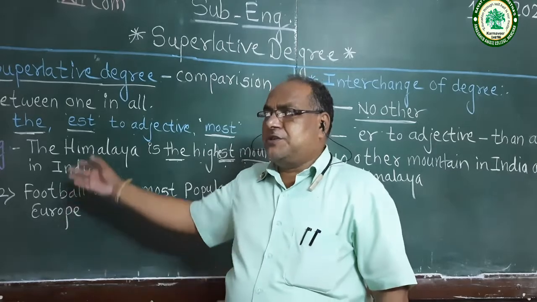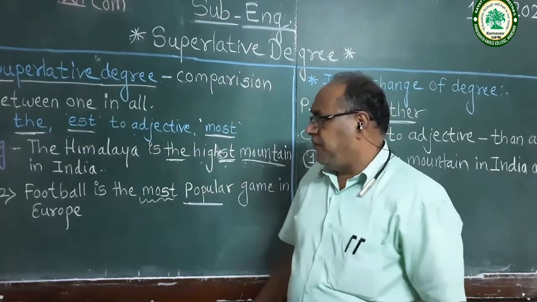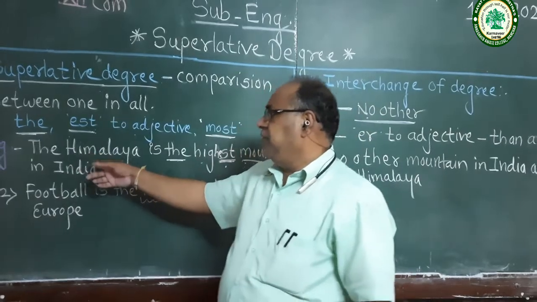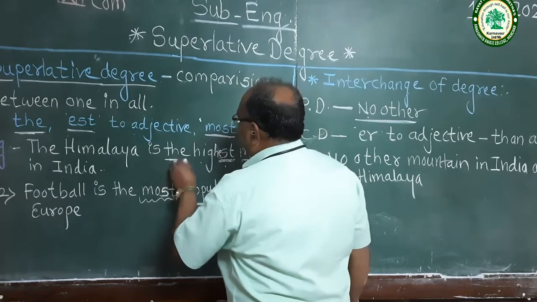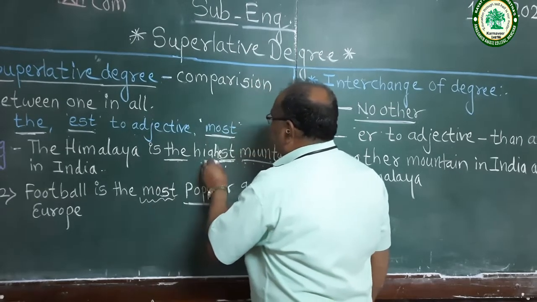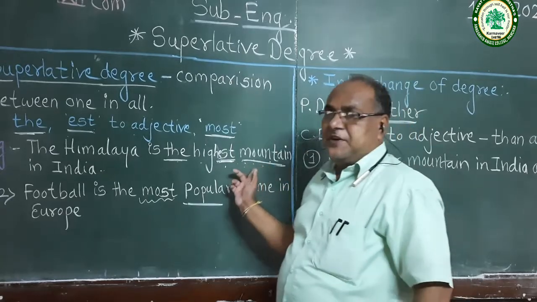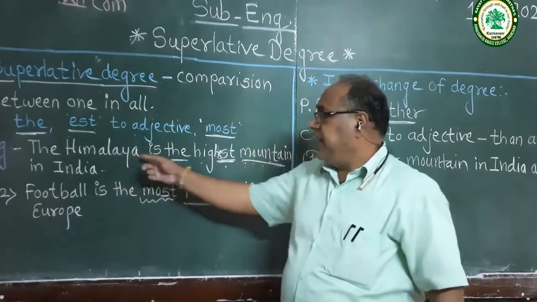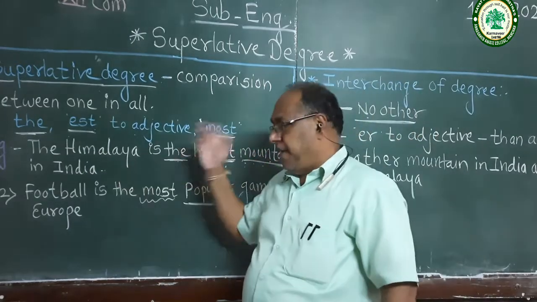Then, we are going to discuss how a sentence can actually be framed in superlative degree form. For example, look here, the Himalaya is the highest mountain. Look here, the definite article the is present, est is a suffix to the adjective, and there is a comparison between one and all. The Himalaya is the highest mountain in India.